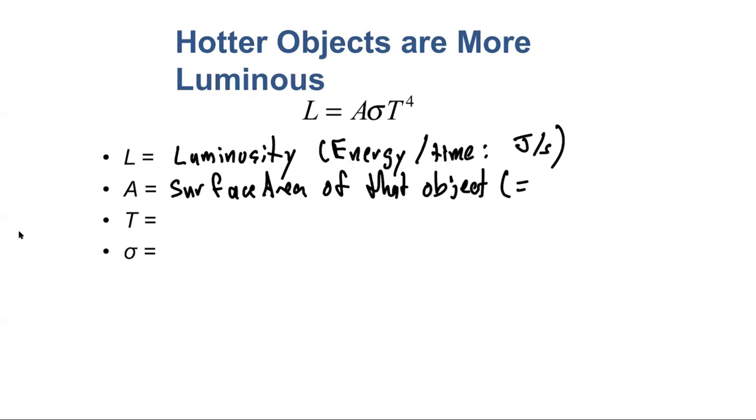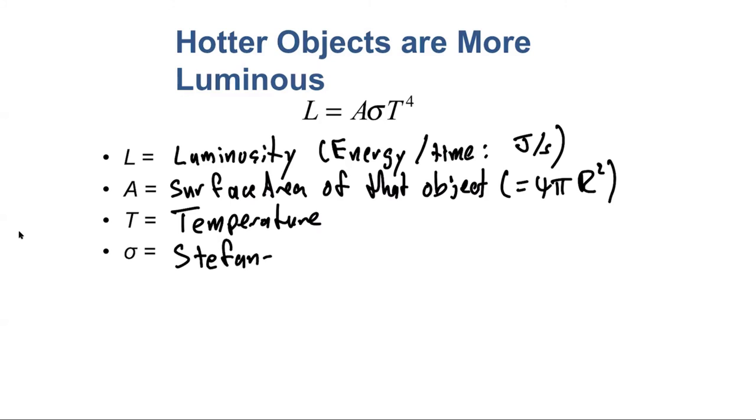And the surface area of a sphere is 4 pi times the radius of that sphere squared. So you'll often see this written 4 pi r squared sigma T to the fourth instead. T, of course, is the temperature. And sigma, I'm going to write it down. It's a constant. It's just a number. It has a name called the Stefan-Boltzmann constant.